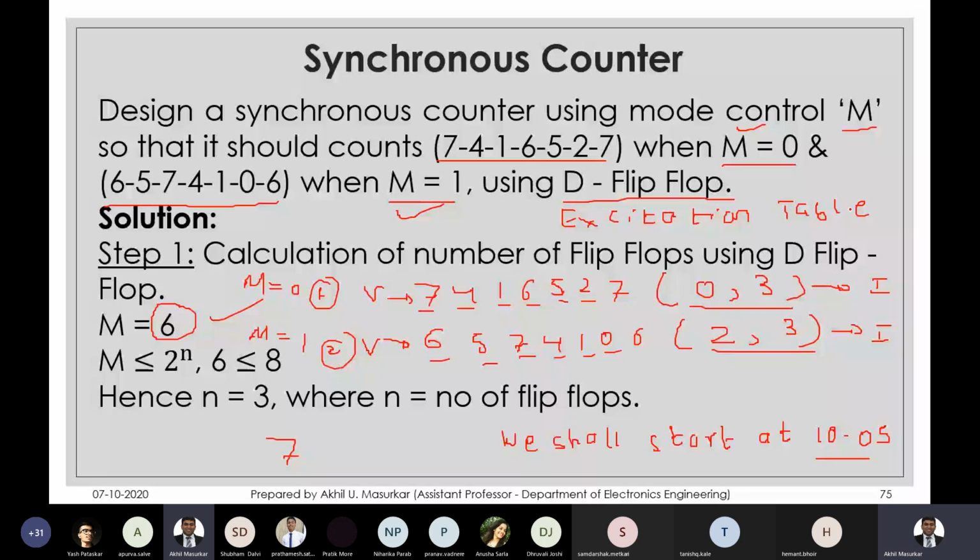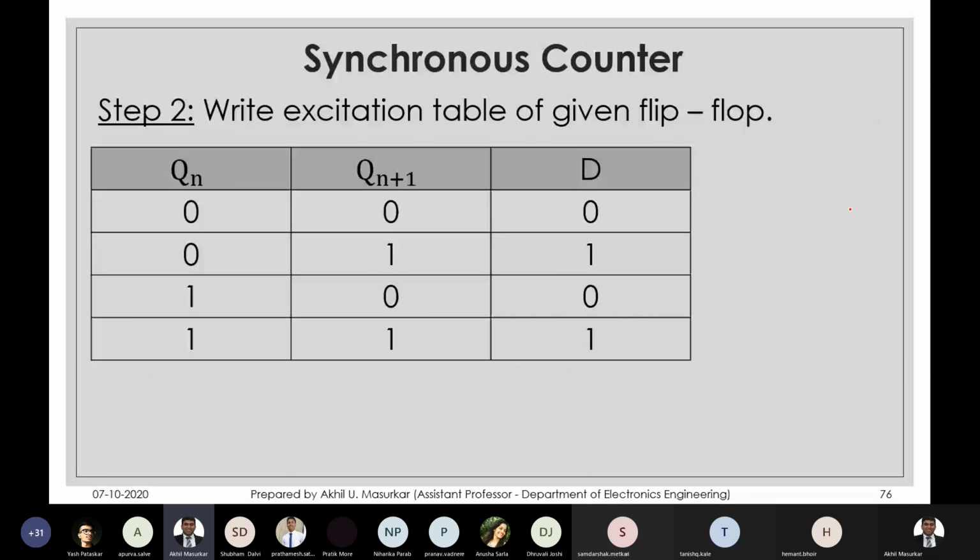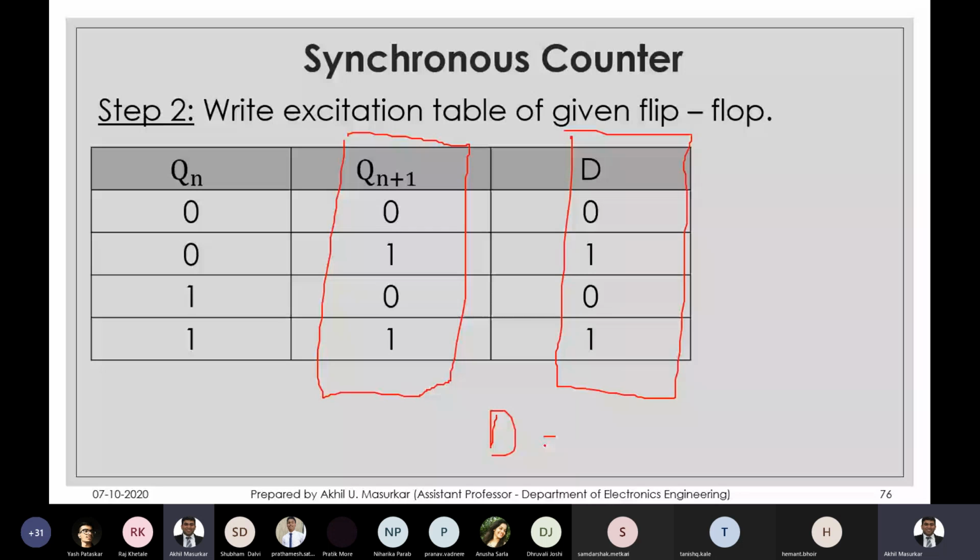Okay, so let's go to step 2. Write the excitation table. The excitation table of the D flip-flop is simple, because the next state Qn+1 is exactly equal to D, or rather D equals Qn+1.